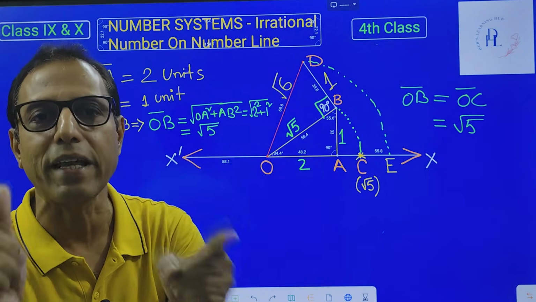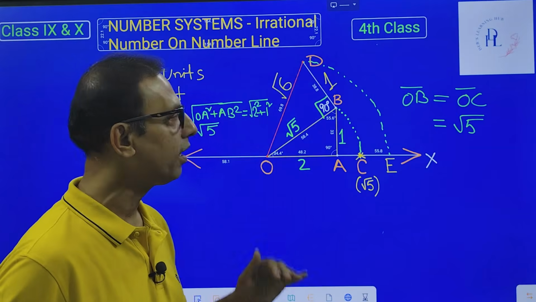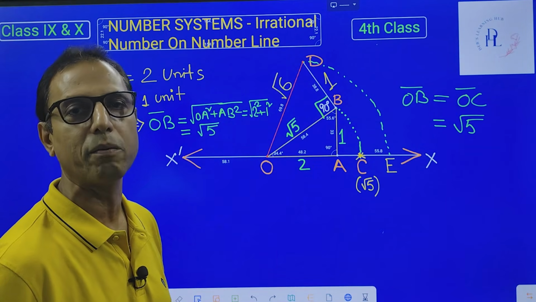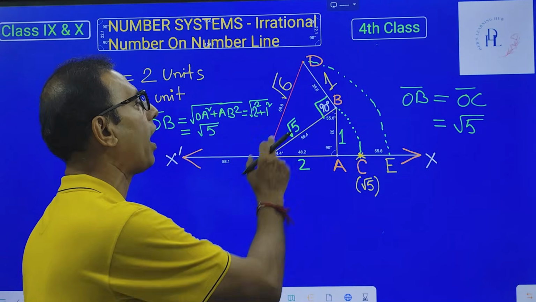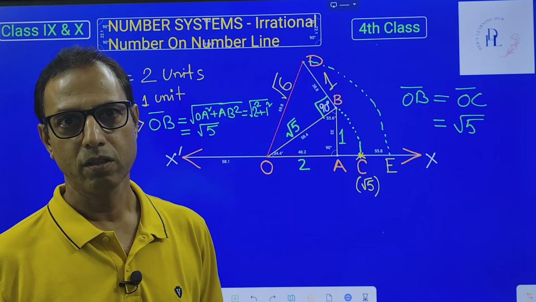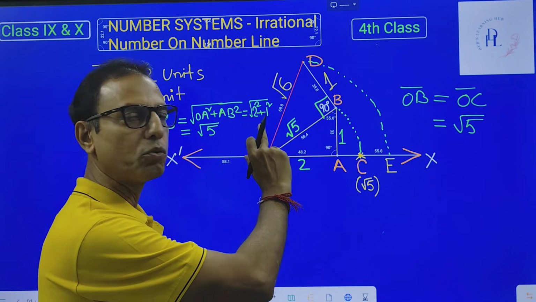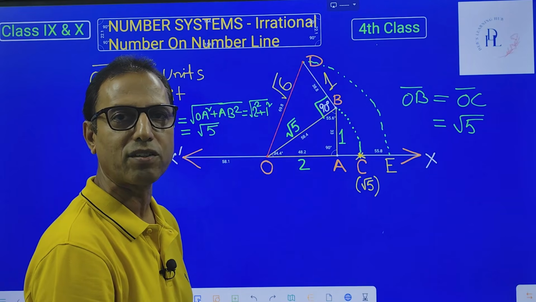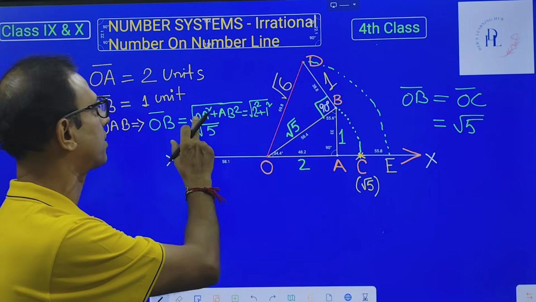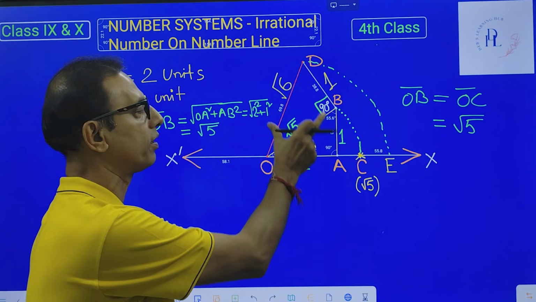That is what the trick you have to understand. जो भी रैशनल नंबर देगा उसको इसके हिसाब से जाएगा. जो एक राइट ट्रायंगल मेरे को ड्रॉ करना पड़ेगा, जिसके हाइपोटेन्यूज का लेंथ होगा द इरेशनल नंबर. So if we assume the irrational number is the hypotenuse, then we break the perpendicular and base with respect to this Pythagoras theorem accordingly so that we can place it on the number line.